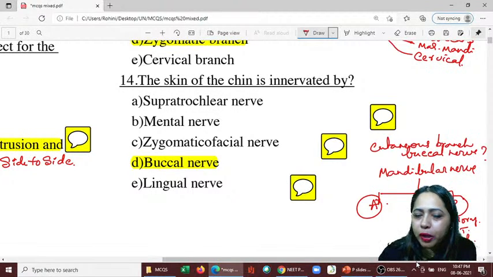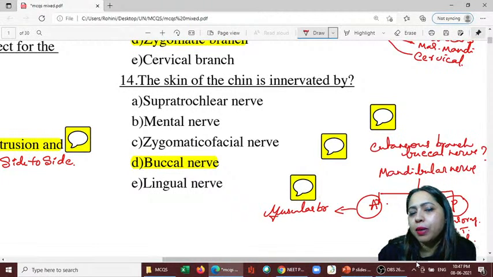But the anterior one has all the muscular branches to muscles of mastication.